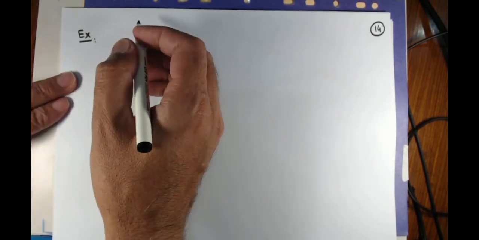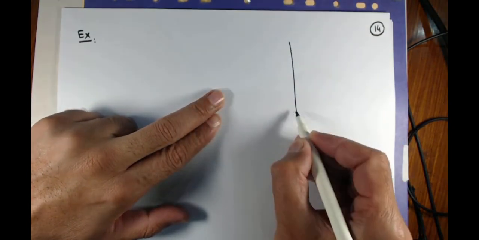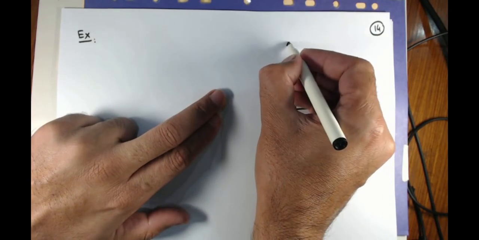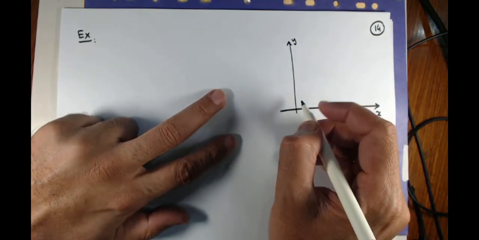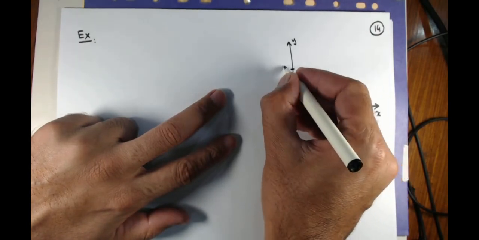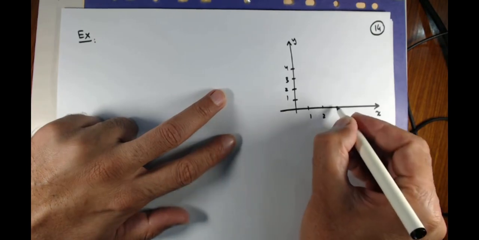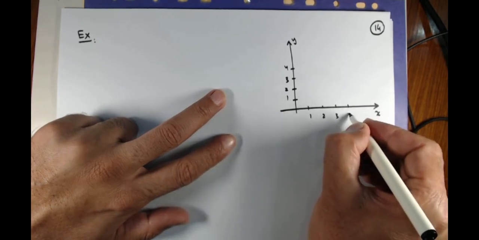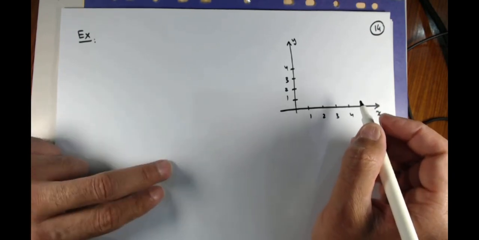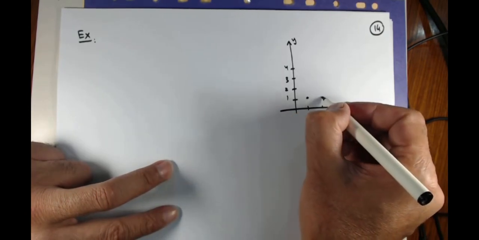We solve an example where we have a joint distribution of x and y.